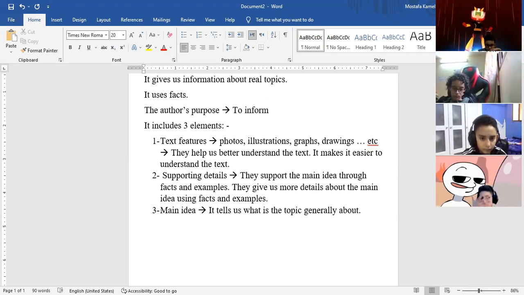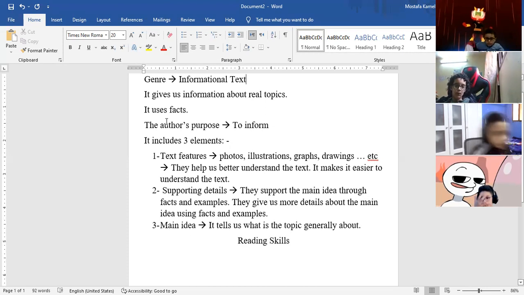So we have some reading skills. Before we go to the reading skills, let's revise this part. Elias, can you please read this part, all of it? Okay, I would read it. Genre is informational text. It gives us information about real topics. It uses facts. The author's purpose is to inform.